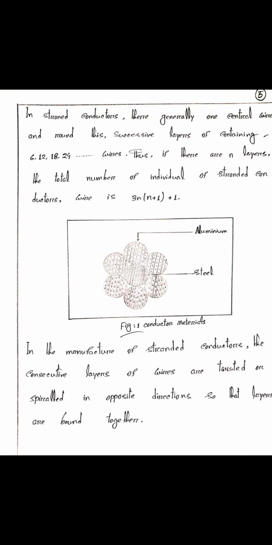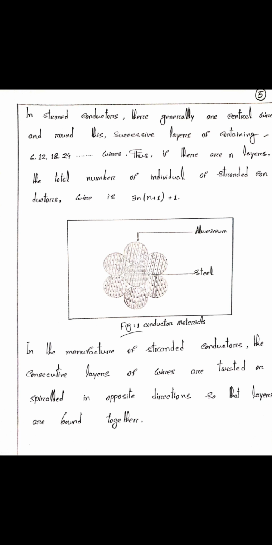In a stranded conductor, there is generally a central wire and round this, successive layers of 6, 12, 18, 24 wires. Thus, if there are n layers, the total number of individual wires in a stranded conductor is 3n(n+1)+1. Here in the figure, conductor materials.